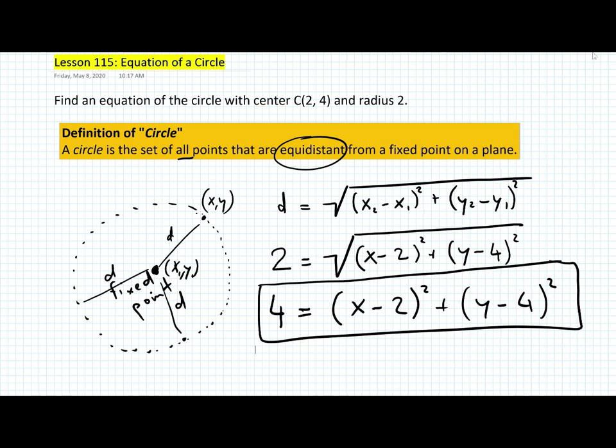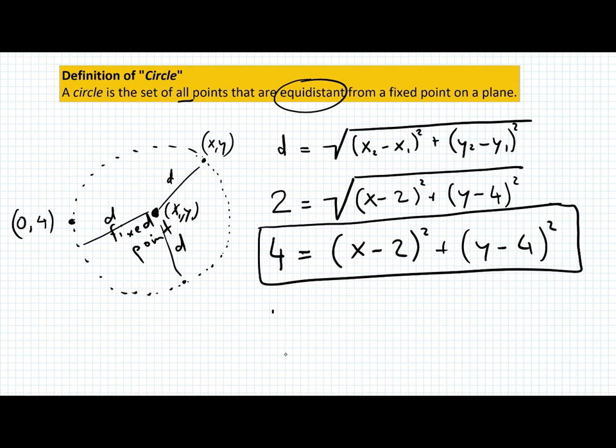Well, for example, let's say you have a point here, and let's say that is the point (0, 4). Let's see if that works. So 4 equals, in parentheses, (0 minus 2) squared plus (4 minus 4) squared.